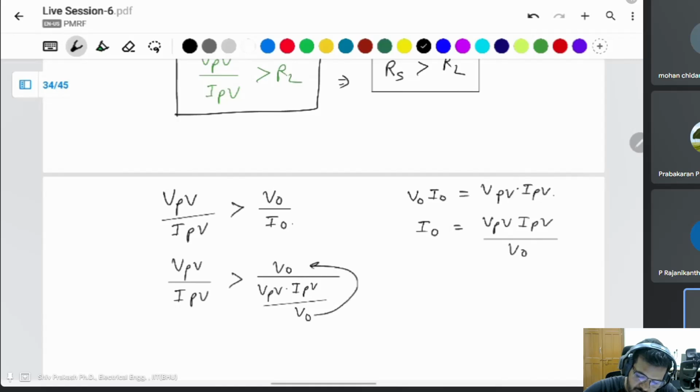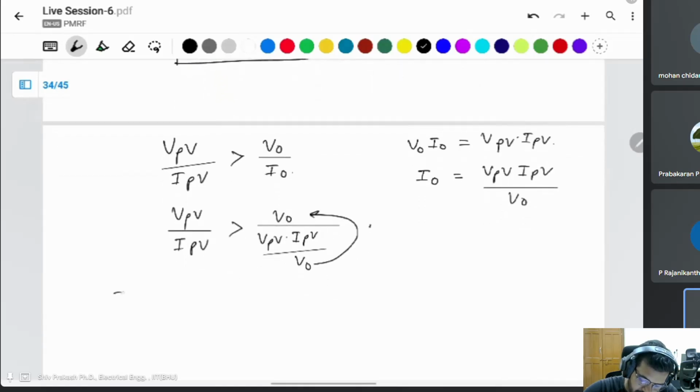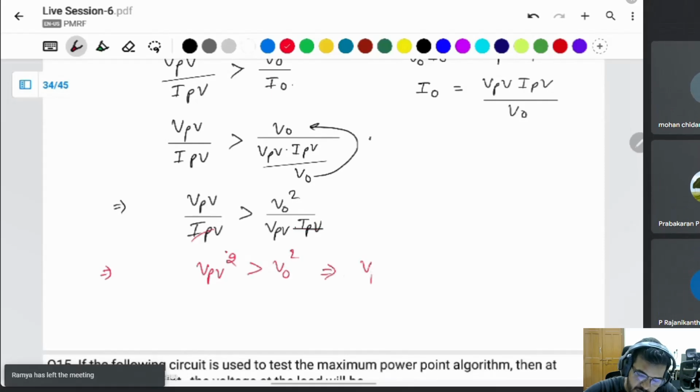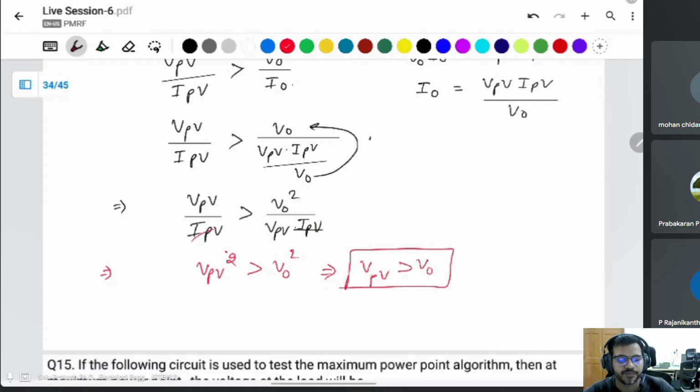V naught will go to the top, IPV will be cancelled out, and VPV squared is greater than V naught squared. It means VPV is greater than V naught. In which condition? It means step down.